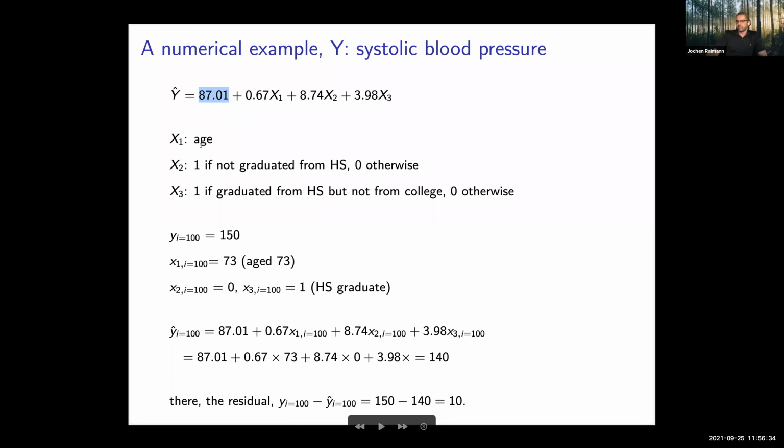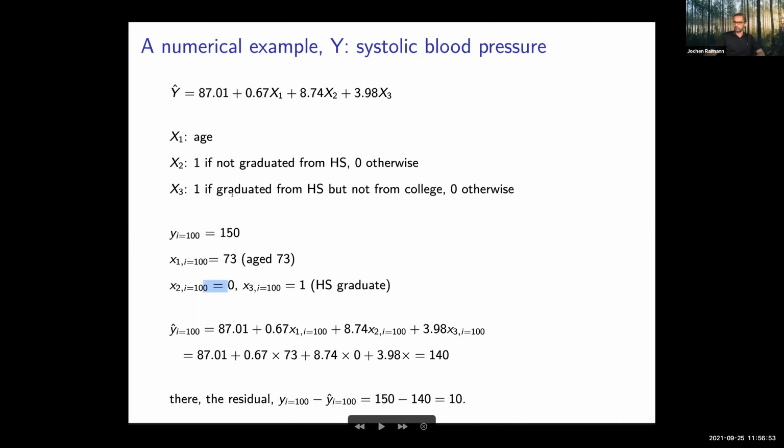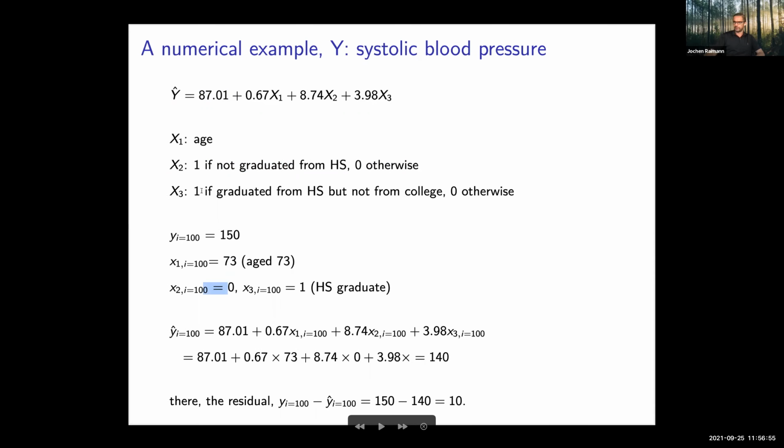So you essentially have x1, you have age. If the age is 73, x2 is 1 if not graduated from high school, or 0 if otherwise. Let's assume 0 here for the sake of argument. And x3, if graduated from high school but not from college, also is 0.